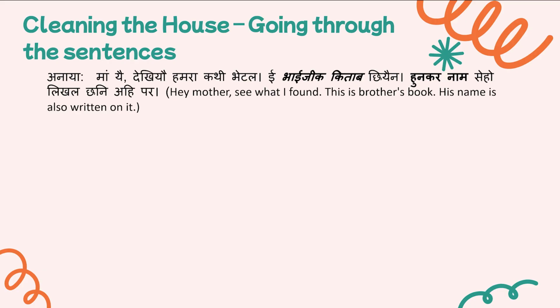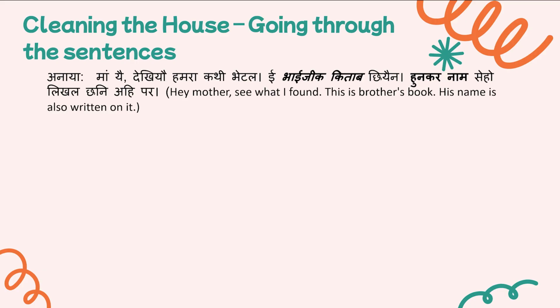Anaya says, Ma yei, देखियो हमरा कथी भेटल. Now here you look at this thing, Ma yei. So Ma yei is basically a kind of a vocative, and she is showing respect to her mother, and that is why she is saying yei, Ma yei. देखियो हमरा कथी भेटल.